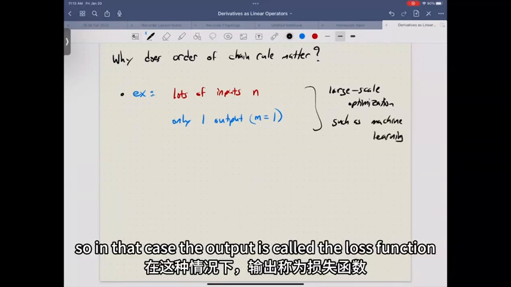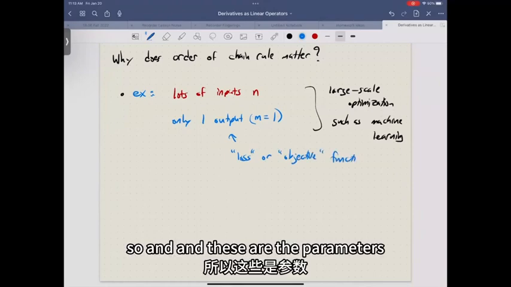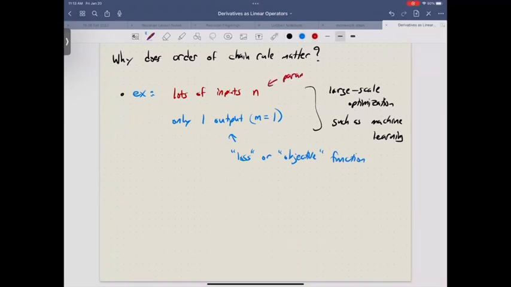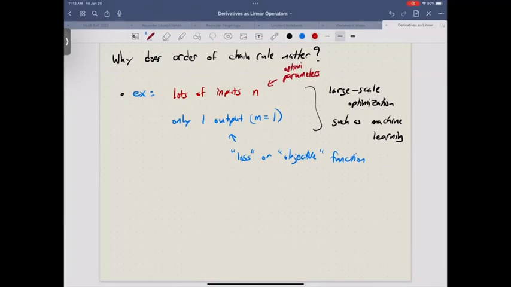In that case, the output is called the loss function or the objective function, and these are the parameters, the optimization parameters.